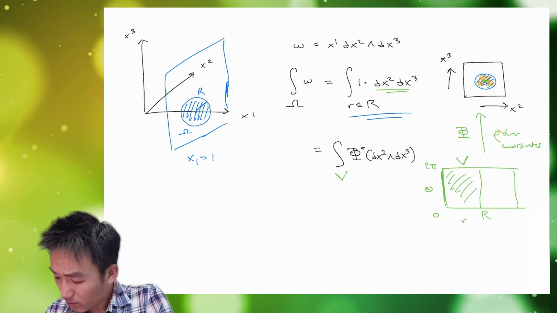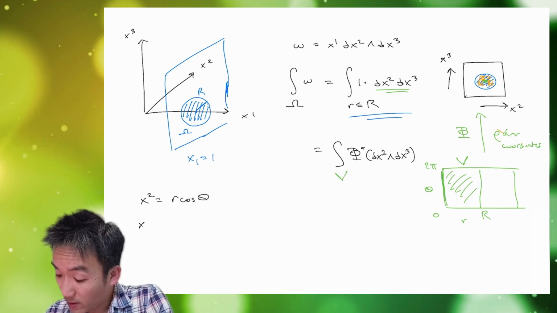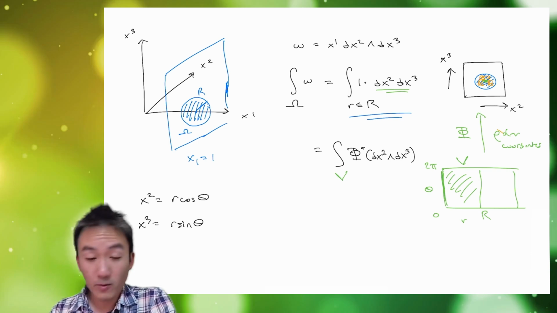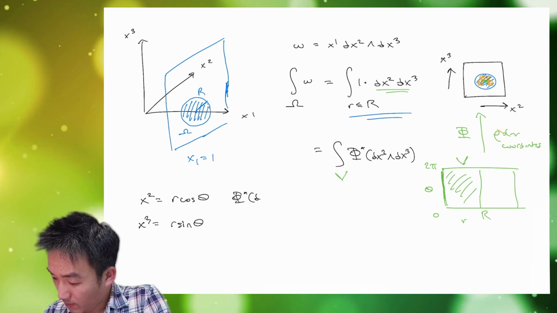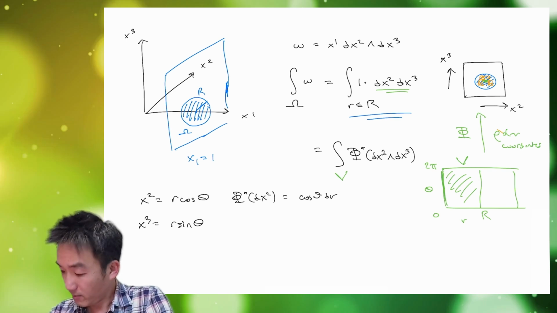Okay, so in polar coordinates, x2 is equal to r cosine theta, and x3 is equal to r sine theta. And if you think about that and the formulas that we had earlier for pullback, then phi star dx2 will be cosine theta dr. We differentiate with respect to r.